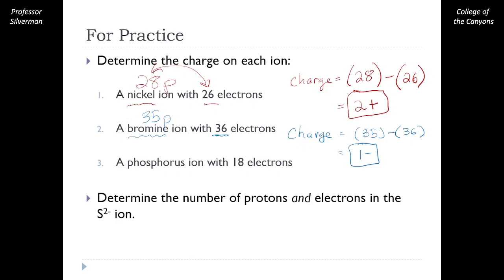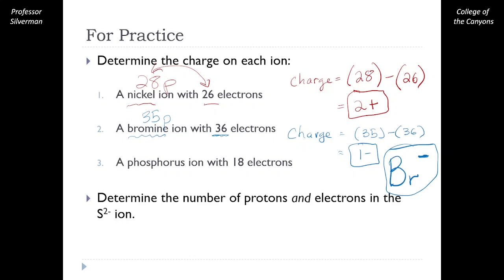Notice here, we can write our chemical symbol as well. Bromine is the letter Br. If you're including the charge on your chemical symbol, the charge is written to the top right. And if it's a 1 or -1, we can just write the positive or negative and say we have Br minus.